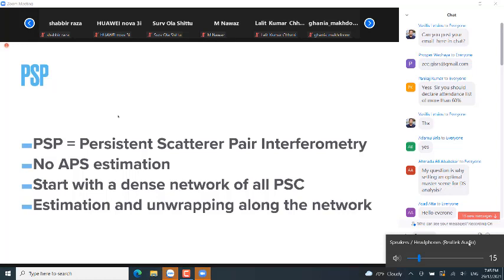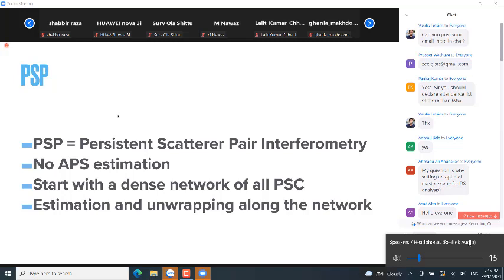We're just taking the best points, not all the points in the beginning, to form the first network or to estimate the atmosphere. We are just taking a subset of points. While in PSP, we directly use all points, and then we unwrap along this dense network of all points. So in my opinion, it's similar to STAN, just starting with all points in the beginning.